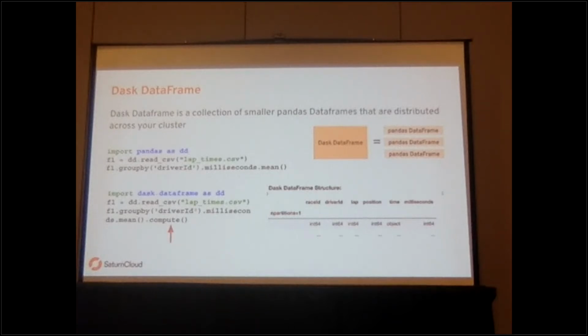Only when you explicitly tell the Dask data frame to do any computations, only then is it going to read everything in parallel and do the computations. If you see the last line, I'm trying to find for each driver what is the mean lap time. The syntax again is the same, just that in the end, I have added dot compute, which means that now I am explicitly telling Dask to do the computations.